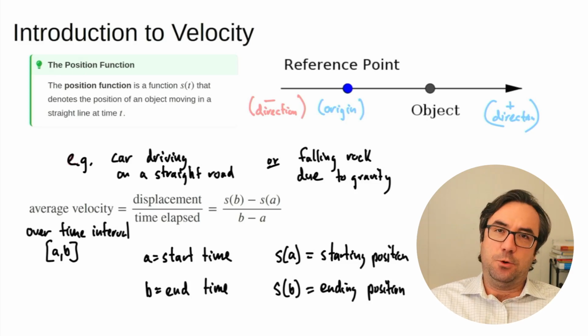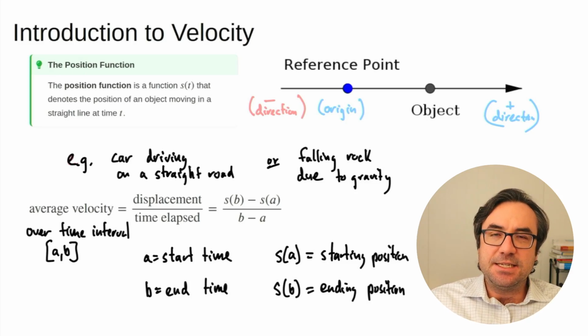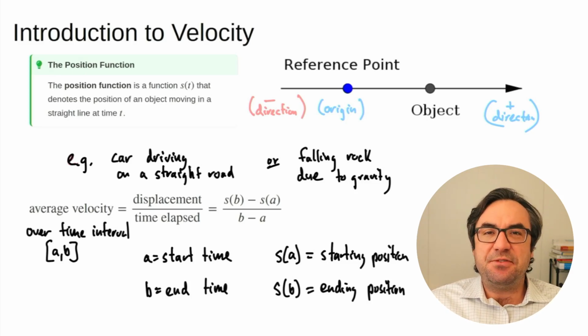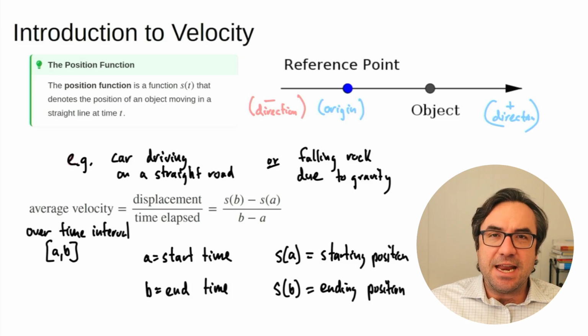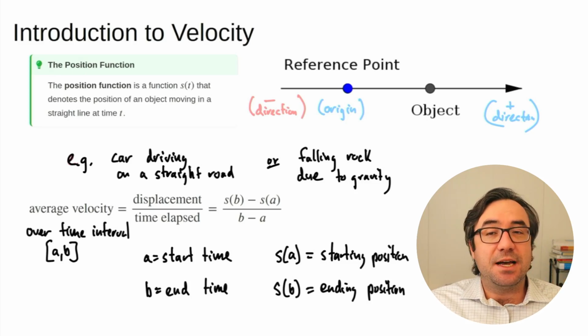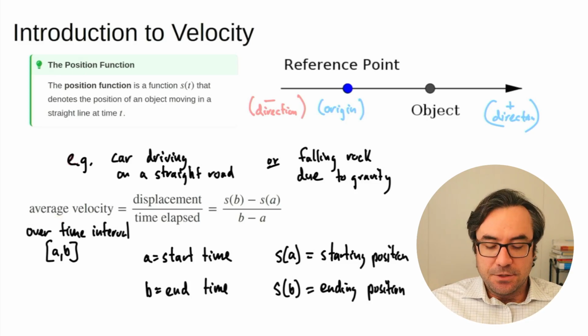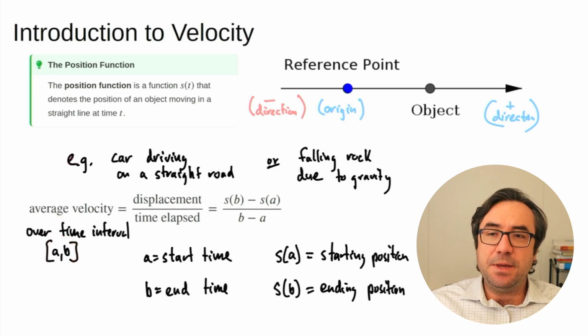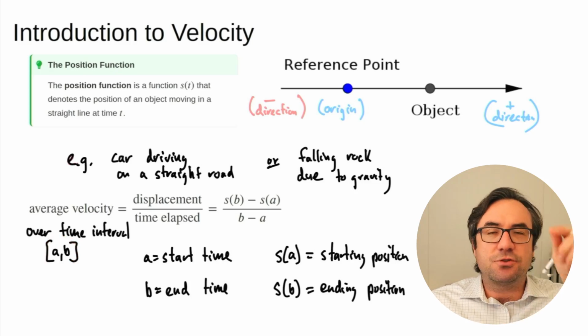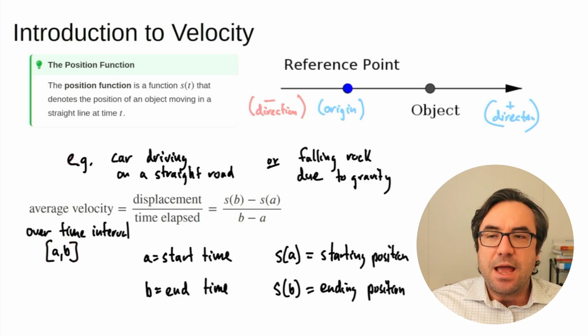The issue with this, though, is this doesn't tell us the specific velocity at a given moment in time. What this does is it tells us the average velocity. So during this time interval from A to B, it might start off traveling really fast, and then towards the end of that time interval, maybe it slows down a bit.